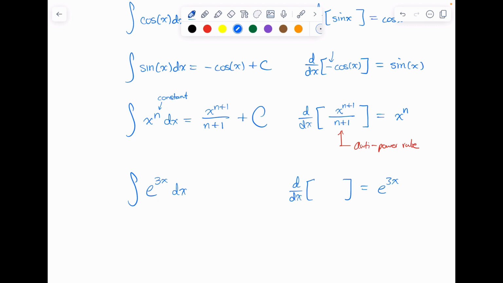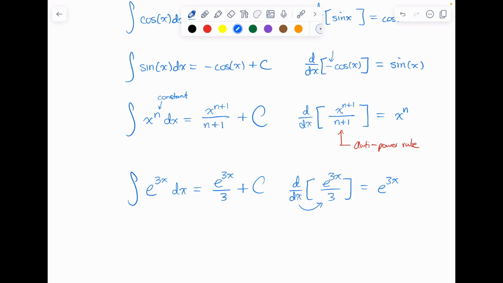In this case, I should be dividing by 3, so that when the derivative acts on this, the 3's go away. That's the whole point. It's the opposite. It's the antiderivative, and that's what the integral is doing. So the answer would be e to the 3x over 3 plus c.